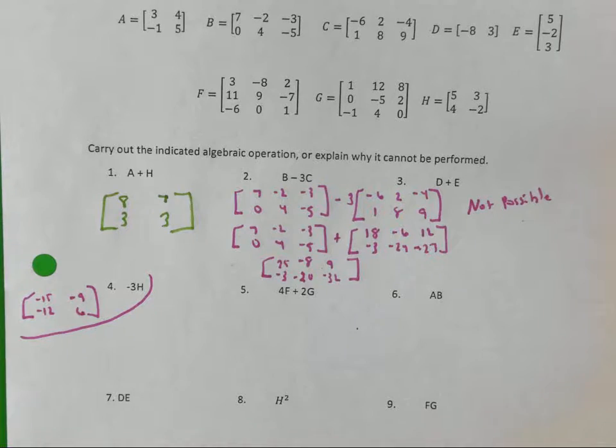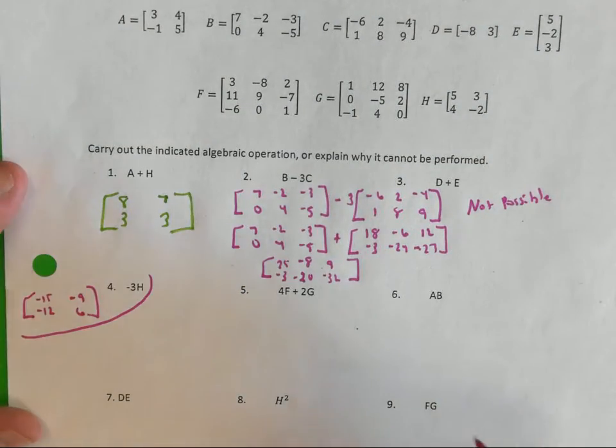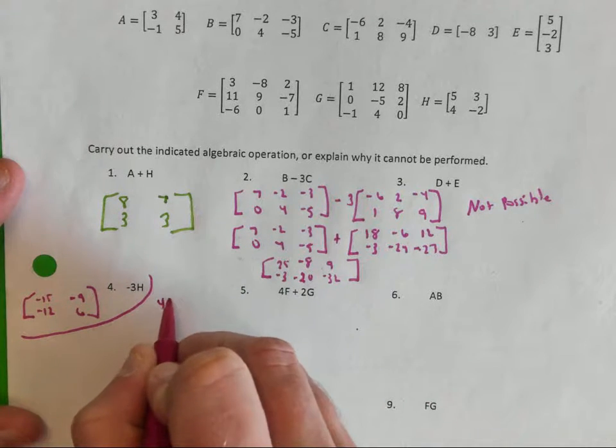Number 5, 4F plus 2G. Whew, that's a big one, isn't it? Alright, so we got 4.